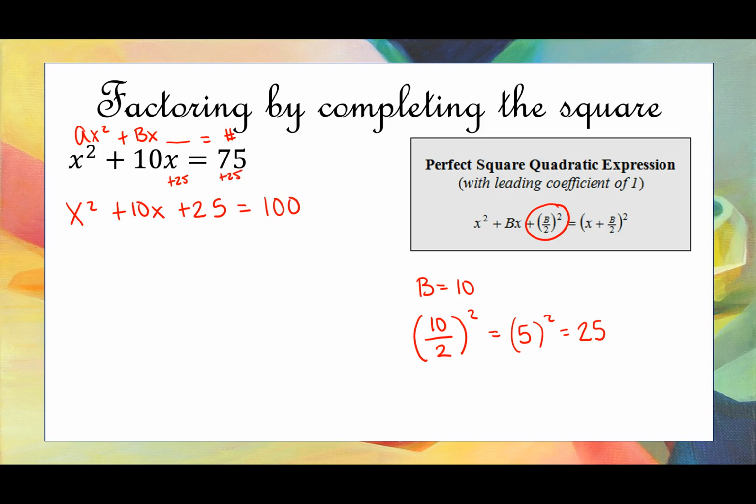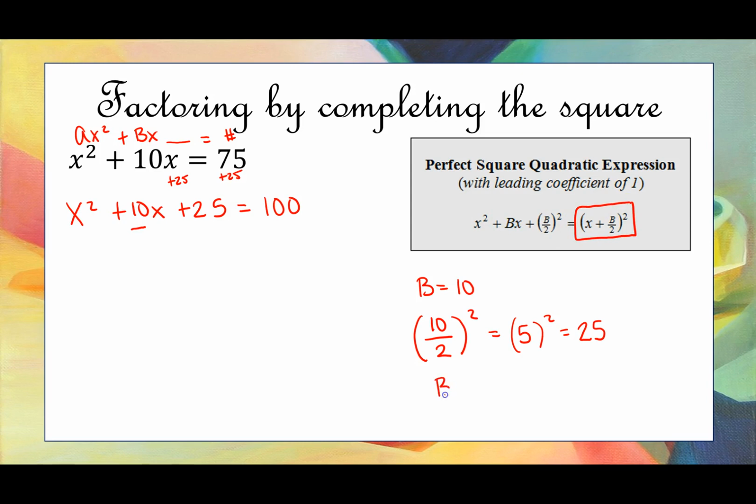All right, now that I have this in the correct form, I have an x squared plus a bx. Remember, my 10 is my b. And then I forced this to be b divided by 2 squared, which I found to be 25. So this formula tells me that this is going to be equal to x plus b divided by 2 squared.